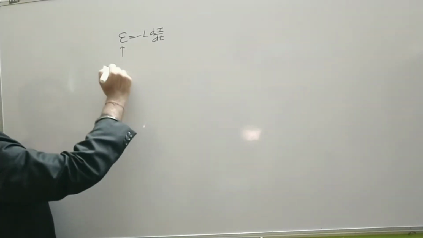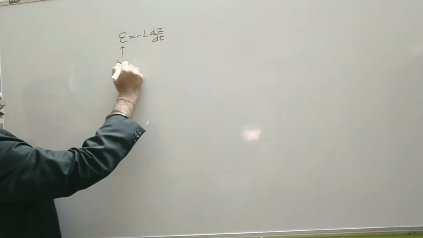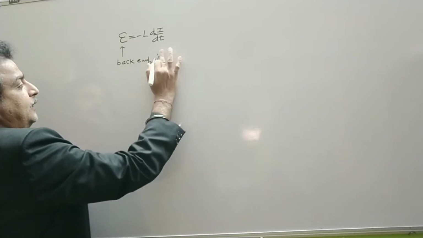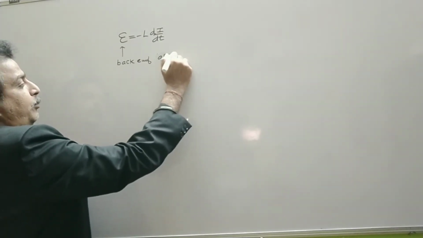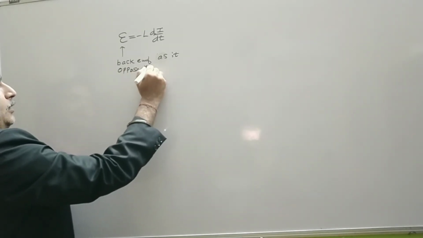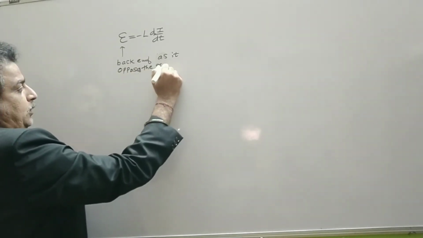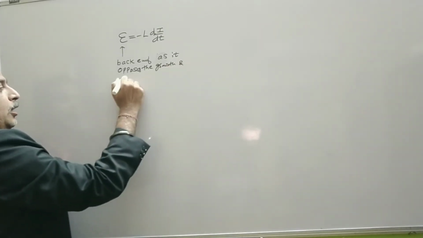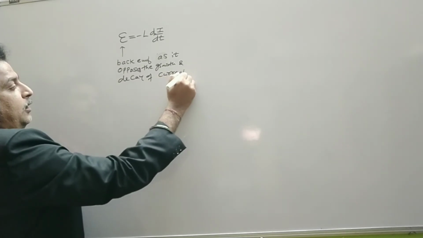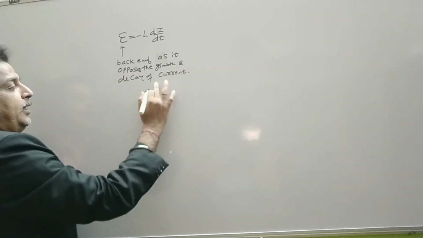This self-induced EMF is also known as back EMF, as it opposes the growth and decay of current, and therefore its role is similar to inertia.